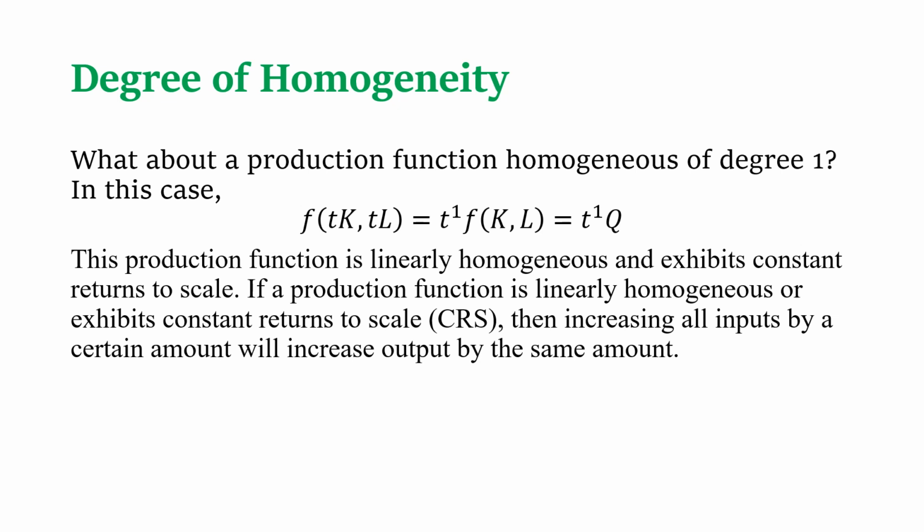So the total cost of production is a straight line. It is linear. And the average cost of production is horizontal. For all constant cost industries or constant returns to scale industries, the average cost of production is horizontal. It is parallel to the x-axis.